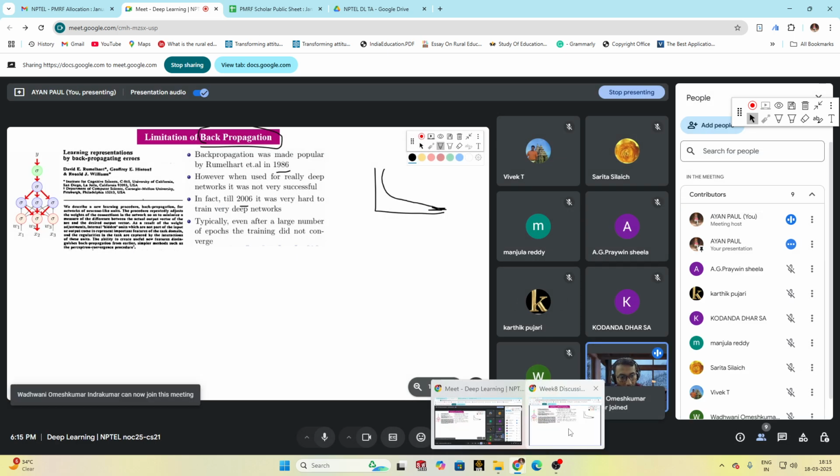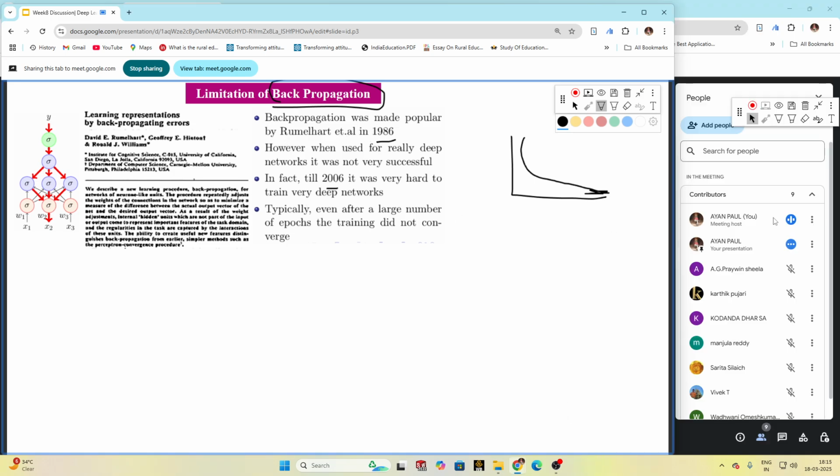So I was telling, what we want is for our loss to converge to zero, or very close to zero, because what we are doing is minimizing the loss for training the network. But from 1986 to 2006 our neural networks were not that popular.